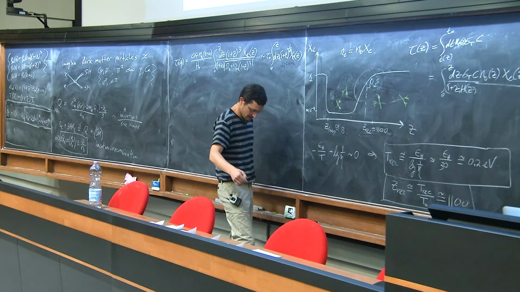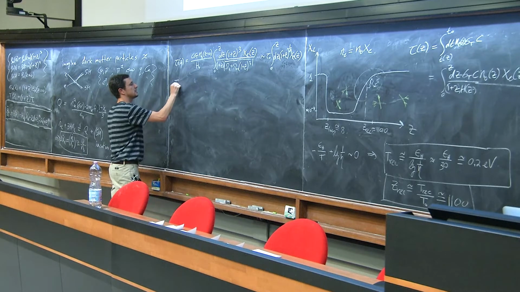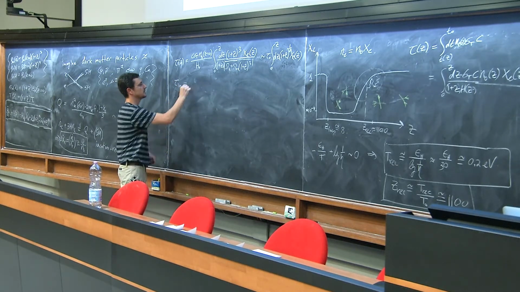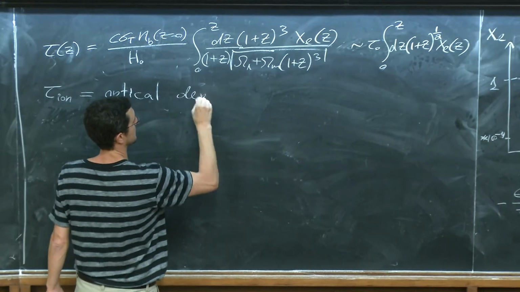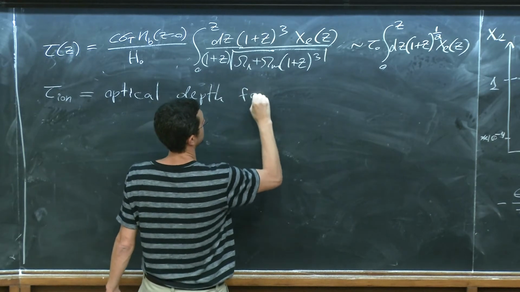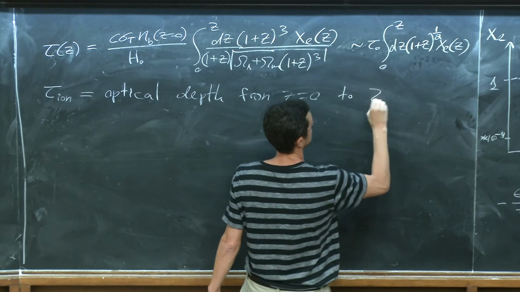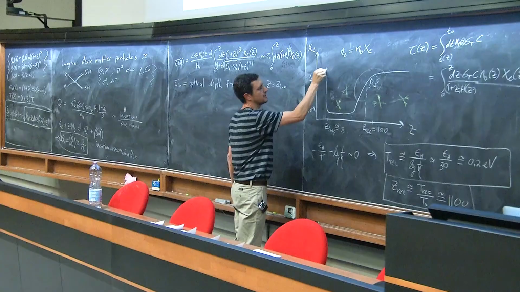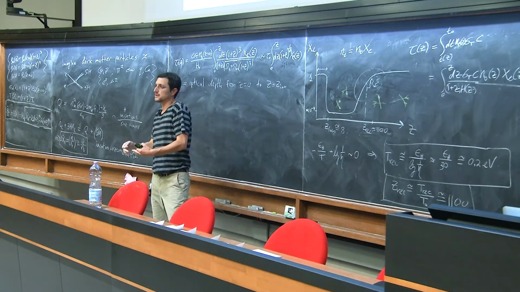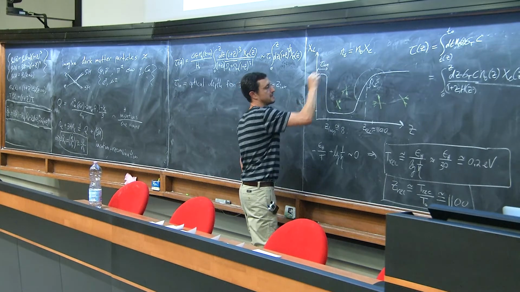And so I can calculate some quantity, let me call it tau ionization, which is just defined to be the optical depth from z equals 0 to z equals z ionization. Okay, so over this interval, let me make an auxiliary integral calculating this quantity that is called tau ionization.